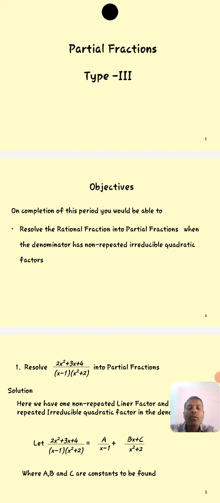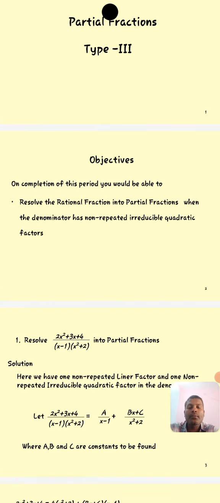What is the meaning of quadratic factor? Linear factor and quadratic factor. A quadratic factor is not possible to factorize further, like x square plus 2x or x square plus 3. Those types of factors are called quadratic. For x minus 2 or 2x minus 1, when we equate to 0, we directly get the value of x. Here is the partial fraction of type 3.